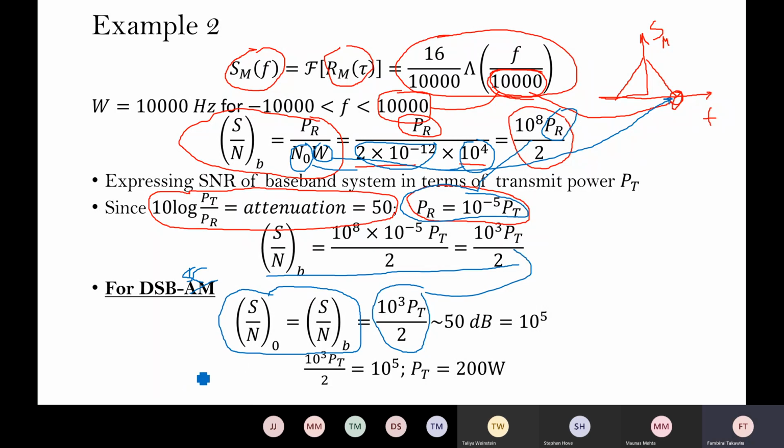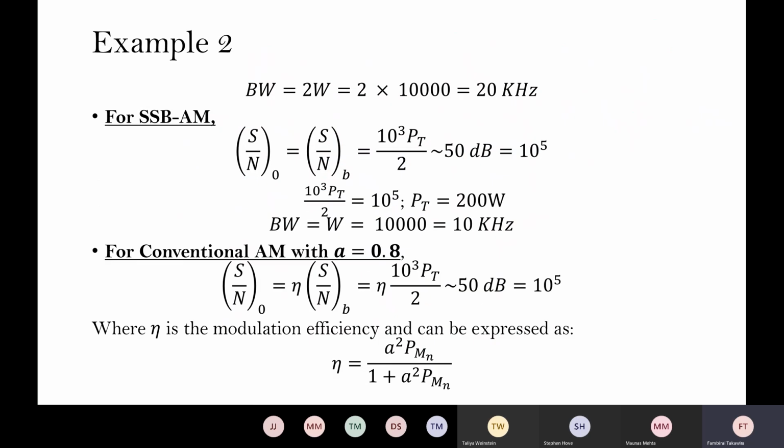But we've been told in the question that we want our signal to noise ratio at the output to be equal to 50 dBs, which can be converted to 10 to the plus 5. It means then that this term here is equal to 10 to the 5. Rearranging that, we find that our transmit power in this case needs to be 200 watts. That will be for DSB suppressed carrier.